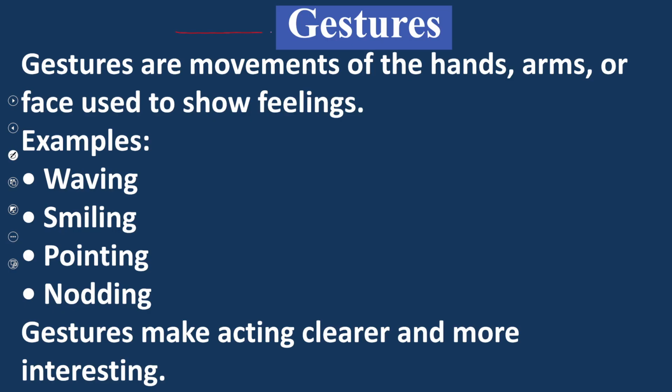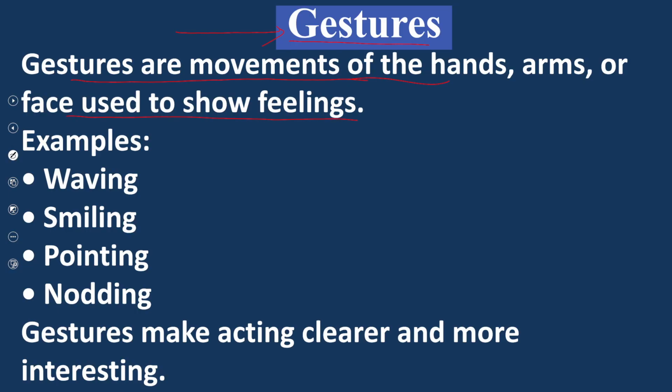Yes, after that point, we have reached the next point, that is called gestures. Briefly or simply, gestures are facial expressions and body movement combined. Gestures are movements of the hands, arms, or face that show feeling.